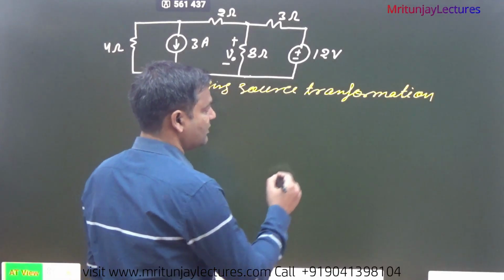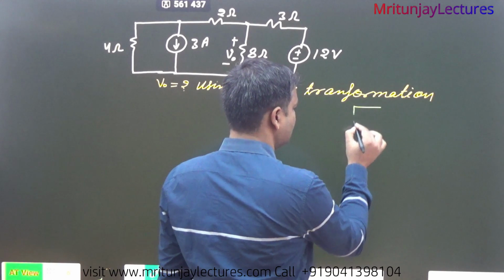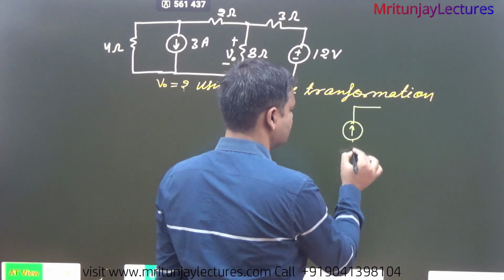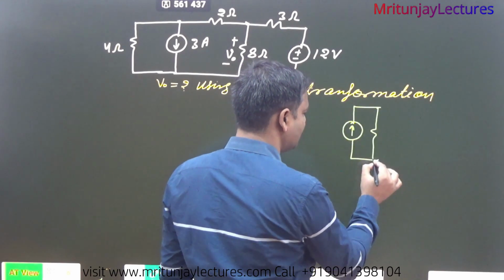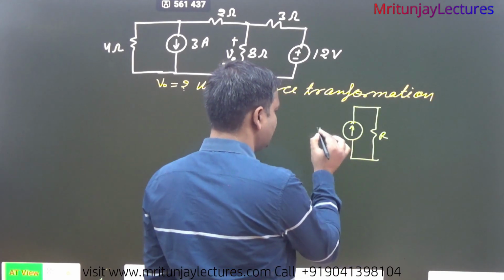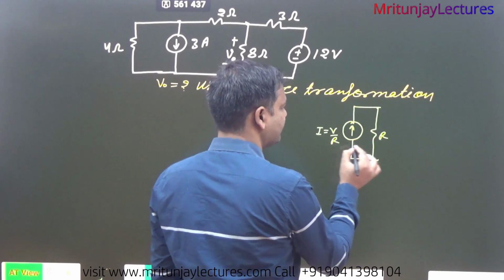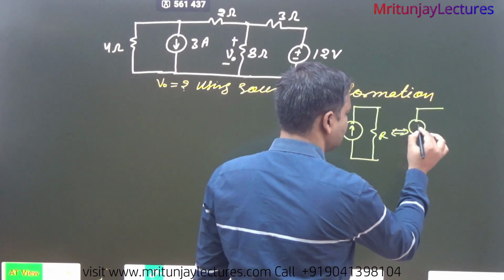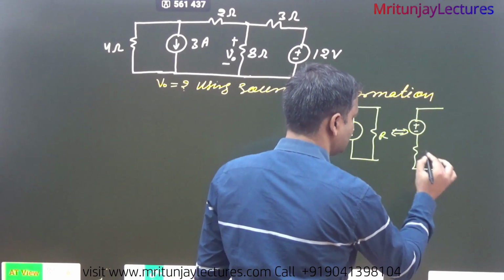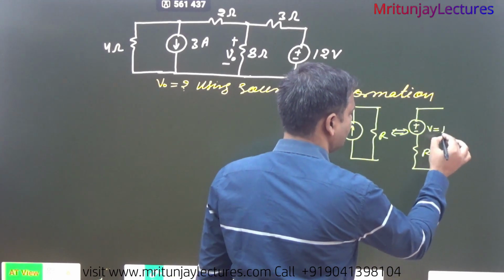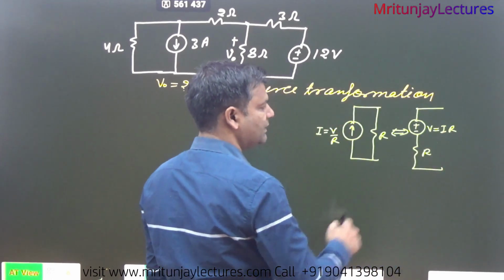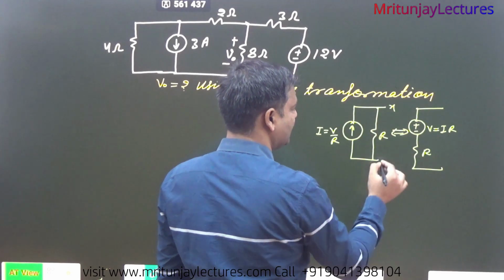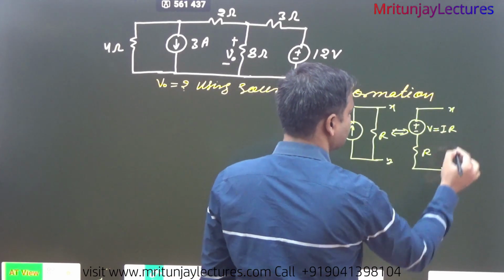I know that source transformation is voltage source, current source and resistance given like that one. Here I equals V by R, and that one is converted into a voltage source. So here plus minus and resistance given like that one. If here X, here Y terminal, and here X, here Y terminal.